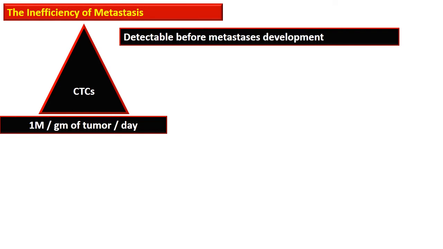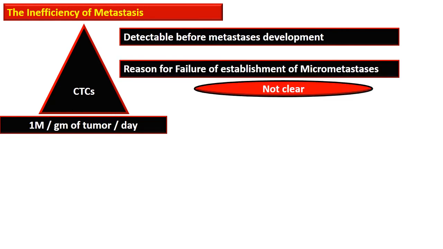They are detectable even before the onset of pathologically invasive metastasis, and the reason for the failure of establishment of micrometastasis despite having a large quantity of these circulating tumor cells is not clear, although it is considered that there are many factors involved in the inefficiency of the metastasis, and these are some inherent factors within the tumor and some inherent factors present in the stromal cells and cell signaling.